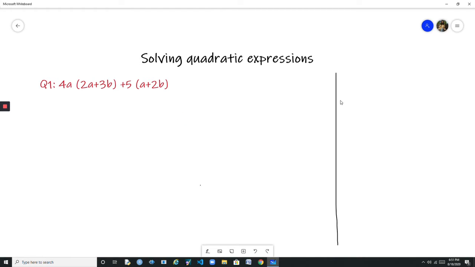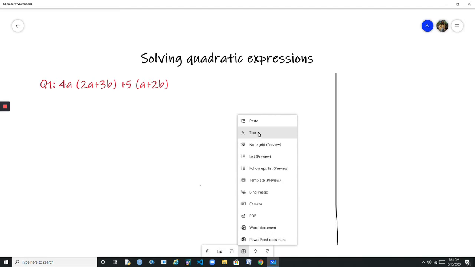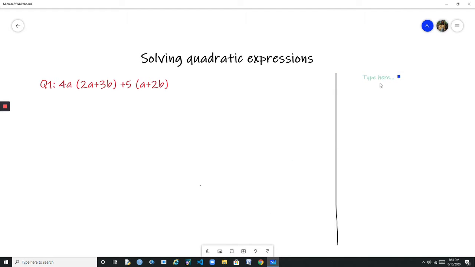So linear expressions or equations are those which have the power of 1. If we write it like this, it has the power of 1. x is written as x because it has the power of 1.